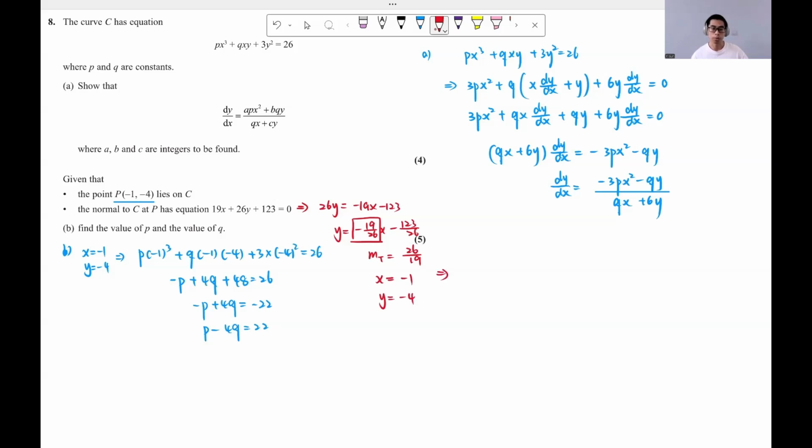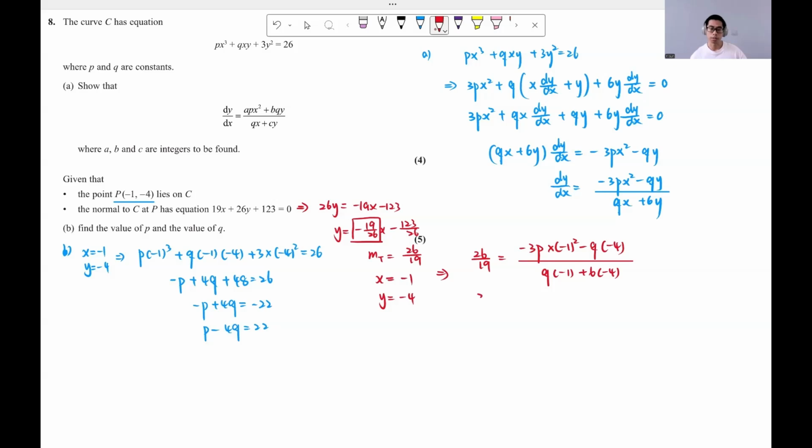So if we substitute that into our derivative equation, where m, the gradient, is dy over dx: 26 over 19 is equal to -3p times -1 squared, minus q times y, which is -4, over q times x, which is -1, plus 6 times y, which is -4.